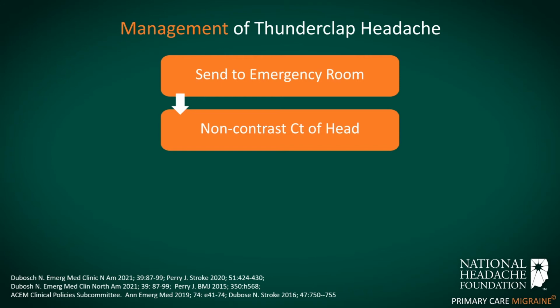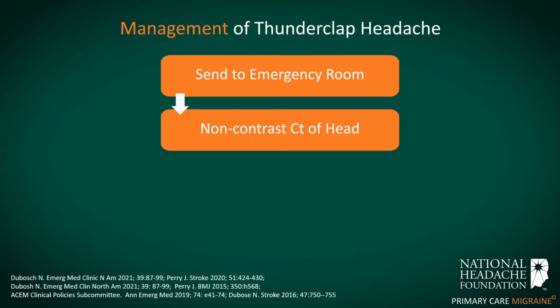The CT has a sensitivity of 95 to 99% for identifying subarachnoid hemorrhage if performed within 6 hours of onset of the thunderclap headache. This has been called the 6-hour CT rule.